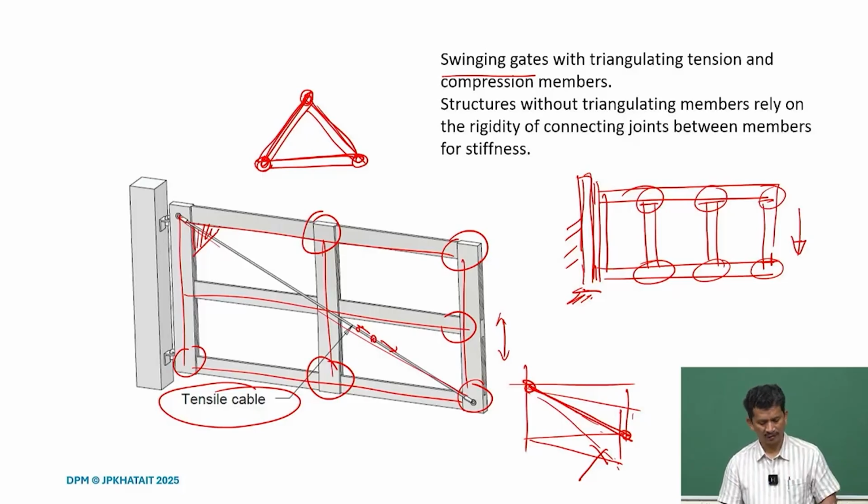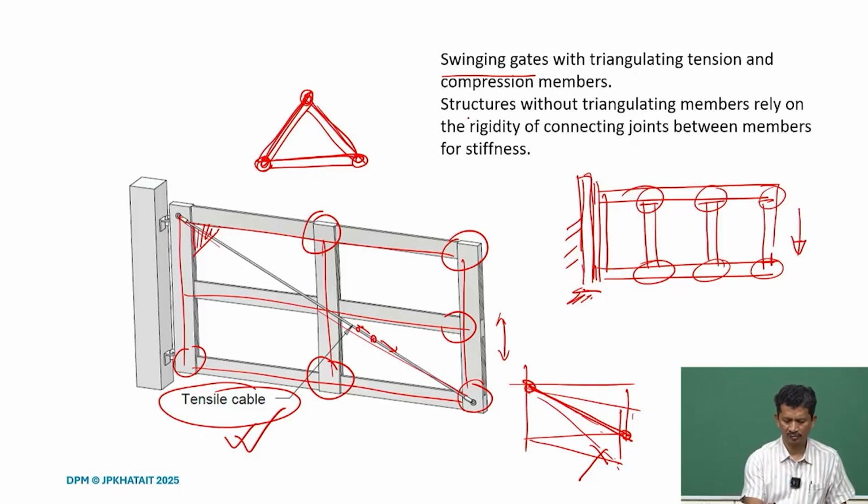But if that single element is not there, if this diagonal element is not there, even if we make these joints very stiff, after some time it will give up and we will have a problem. So if we understand these rules, how to get the rigidity, I think it's very easy to eliminate and rectify the problem.